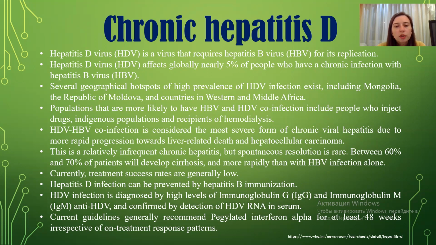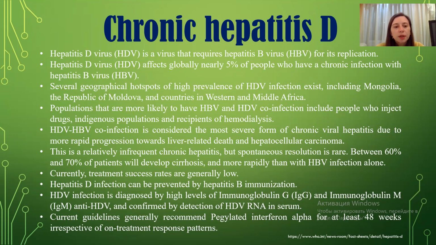HBV-HDV co-infection is considered the most severe form of chronic viral hepatitis due to more rapid progression towards liver-related disease and hepatocellular carcinoma. Acute infection is infrequent, and spontaneous resolution is rare.